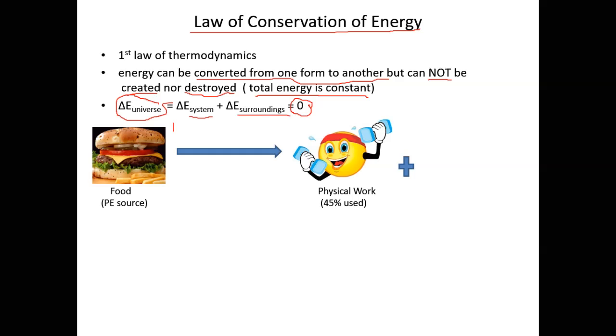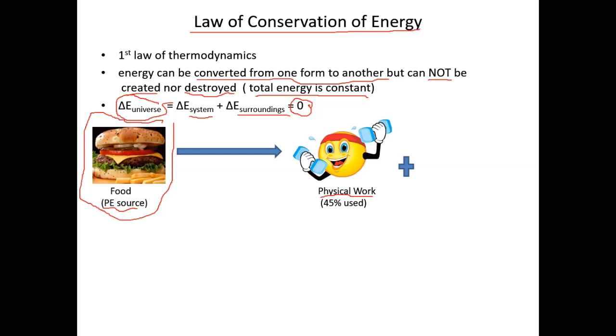So for example, we have this nice juicy burger, which is a potential energy food source. So in the food, there's energy stored in the bonds. So you eat the burger and you go to the gym, maybe you do some exercise, maybe approximately 45% of the energy you use when you're exercising is converted into physical work.